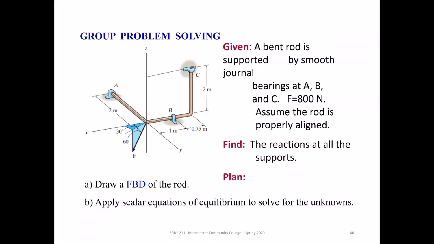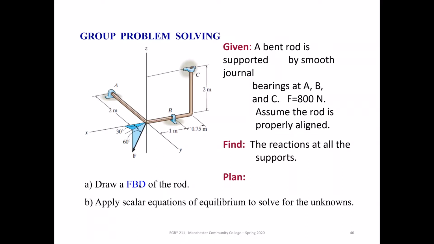If you think about the reactions at each one, along the y-axis the rod goes right through, so there's no reaction in the y direction for this one, just in the x and z. And this one there's no reaction in the z direction, and there's no reaction in the x direction. So overall, there's going to be 6 unknowns.